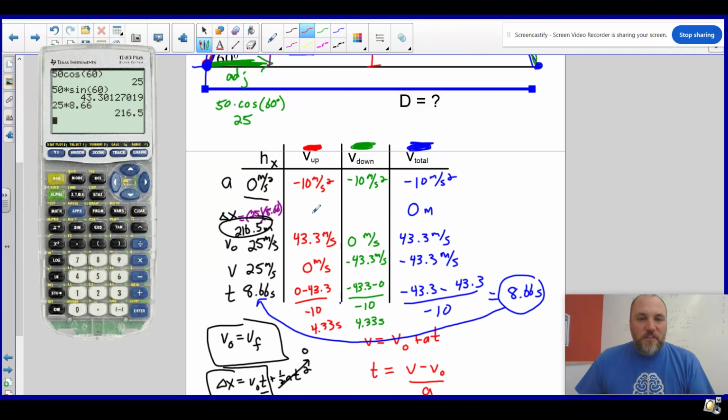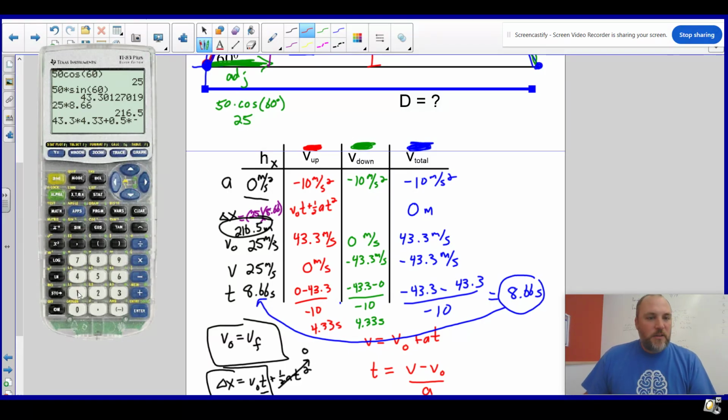If I wanted to find the height or the vertical displacement, I would just use the second kinematic equation, V initial t plus 1/2 at squared. So that is, in this column, just the red, the upward trajectory, the initial vertical velocity was 43.3 times the time, which was 4.33 seconds, plus 1/2, or 0.5, times the acceleration, which is in the vertical direction, -10.